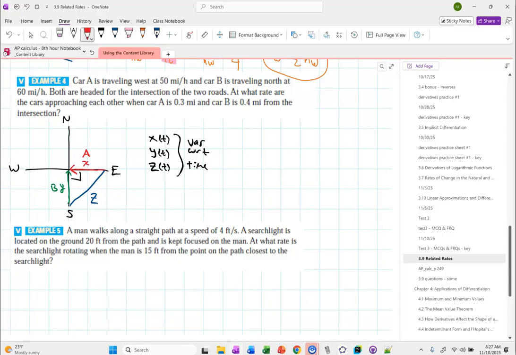How do we name rates? With a derivative. So I'm going to name car A traveling west at 50 miles per hour as dx/dt. Is everybody okay with that?